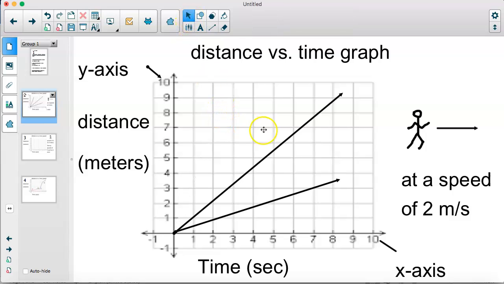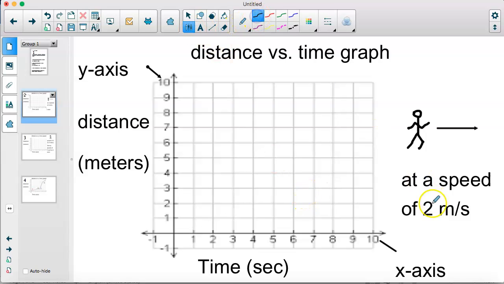Here, we'll get rid of these lines real quick. So I have a speed of 2 meters per second. Let's say our runner starts at the origin. They start at 0 meters in a time of 0 seconds. Makes sense, right? They're starting at the starting line. And then when they start running, after the first second, they've moved 2 meters. And that makes sense, right?